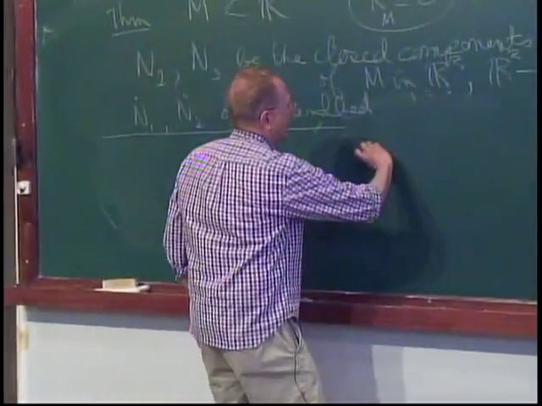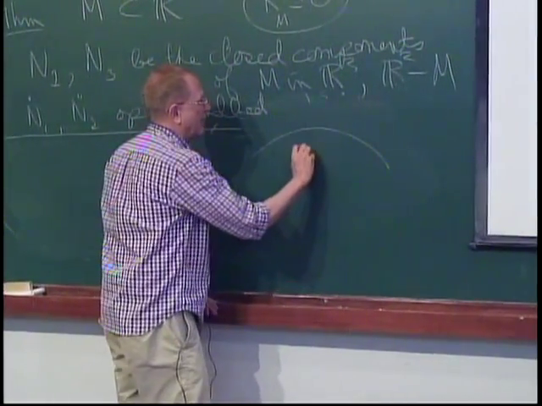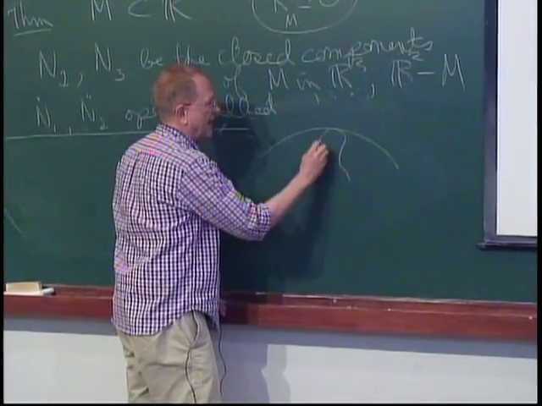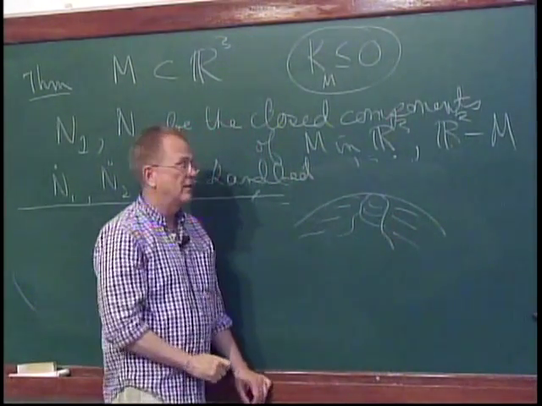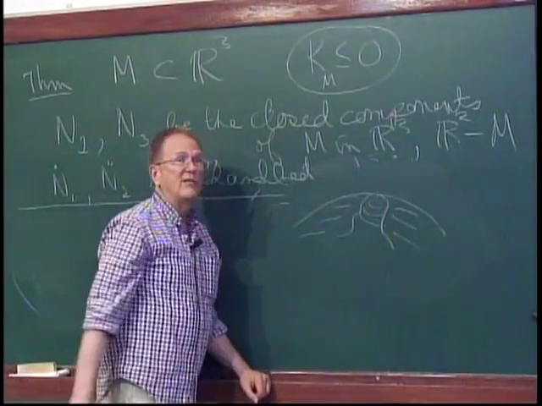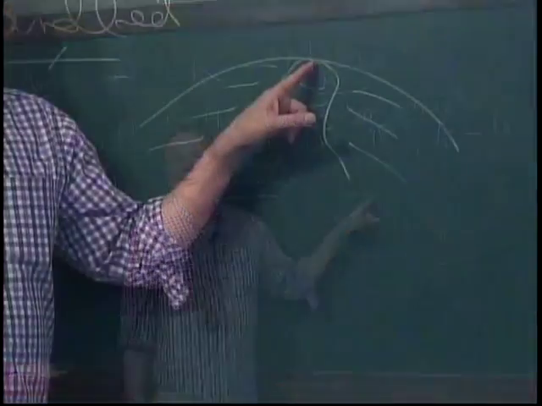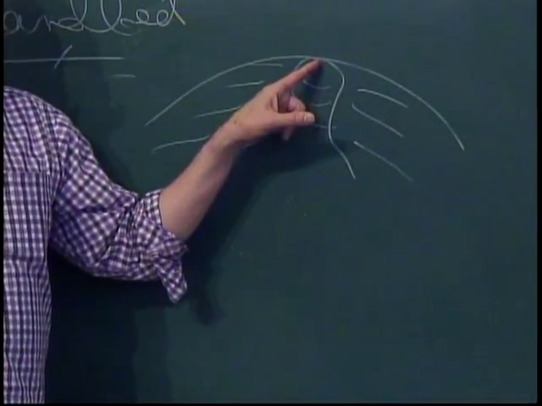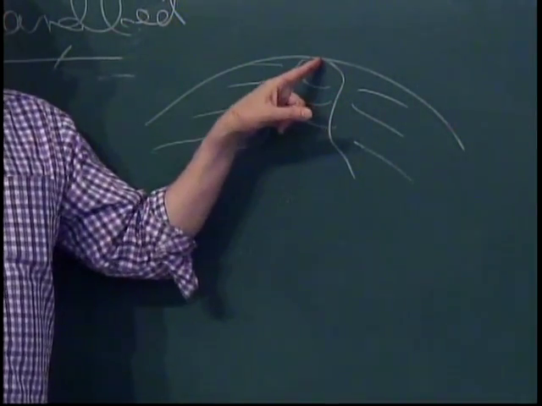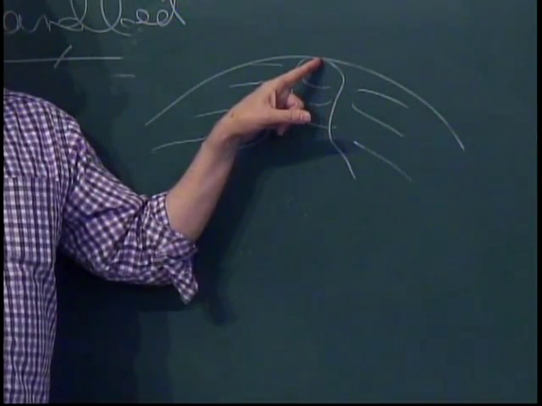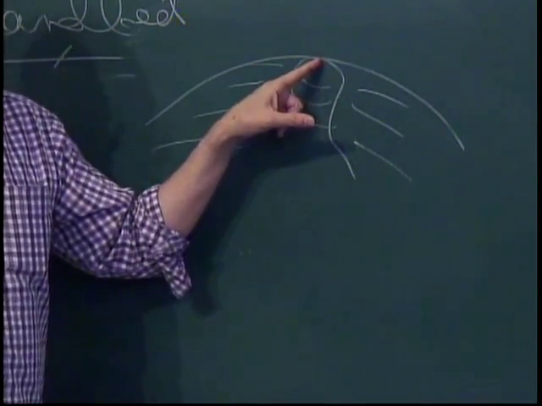And remember, the picture of a two handle was that I have a two-sphere, and my domain has a local maximum on it. This would be like the domain.